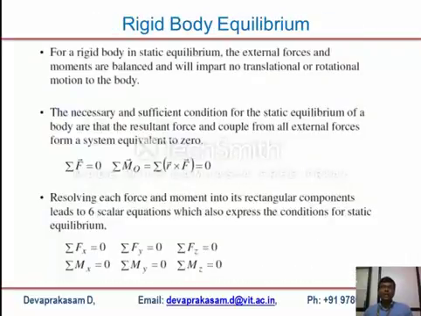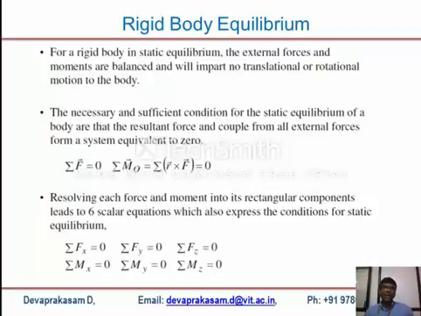Let me tell you that the above equations, the previous discussion, you can apply to particles or bodies. If you are dealing with a rigid body in static equilibrium, you should satisfy not only those three equations in space, you should also satisfy that external forces and moments are balanced, so as to impart no translational or rotational motion to the body.